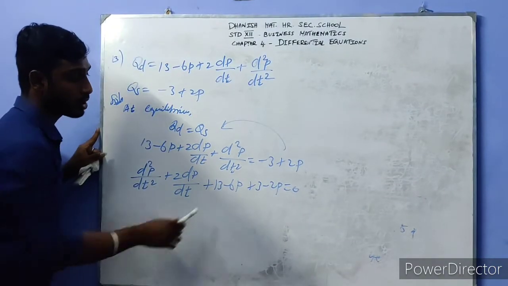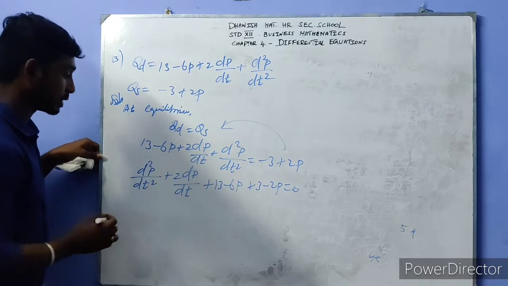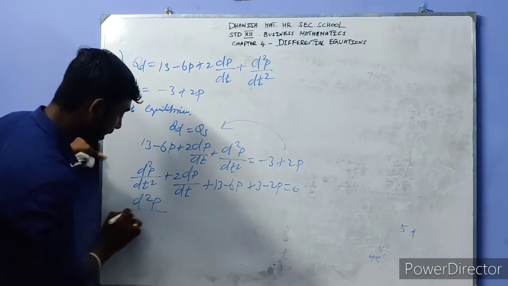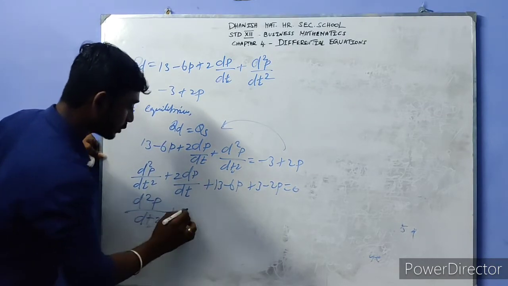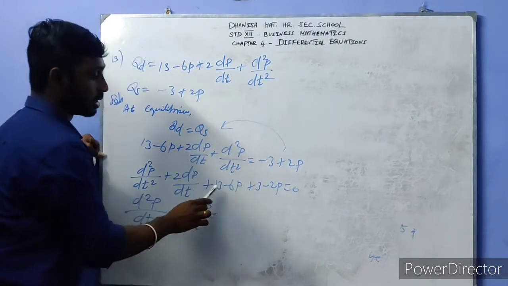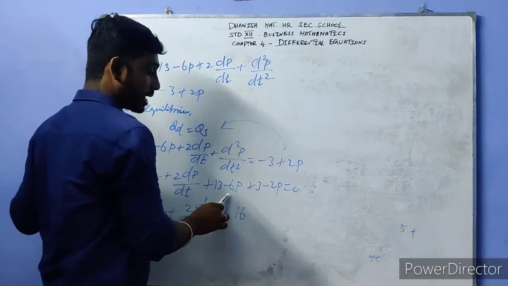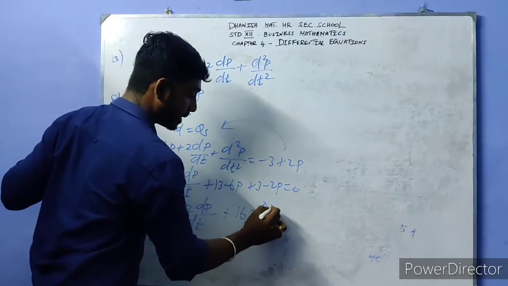So now we combine the constant values and the variable values. d square p divided by dt square plus 2 dp divided by dt, 13 plus 3 will be 16 here. So here we have minus 6 minus 2, there will be minus 8p equal to 0.